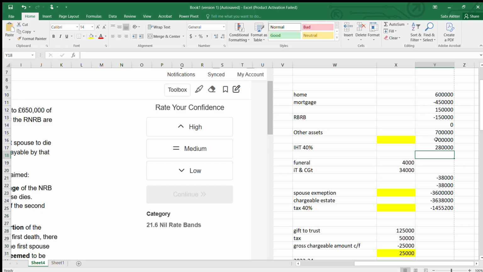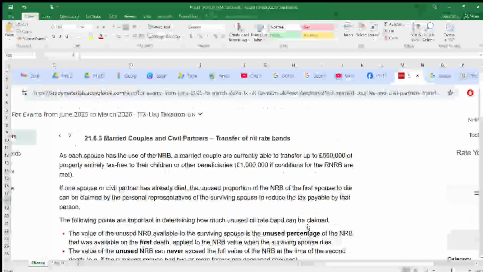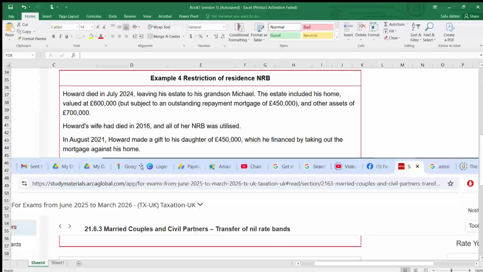Now, this happens if he has made a gift to his daughter of 450, which he financed by taking out a mortgage against his home.